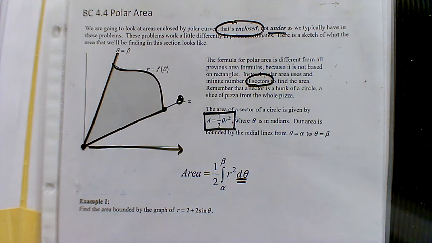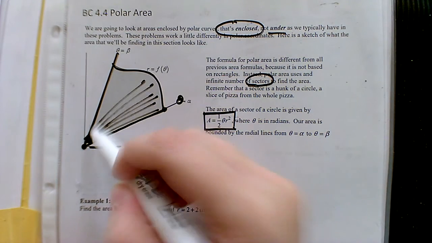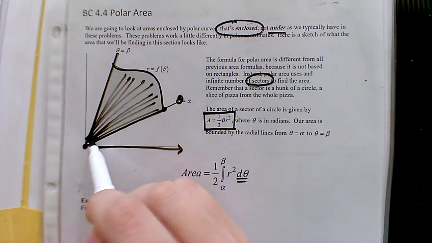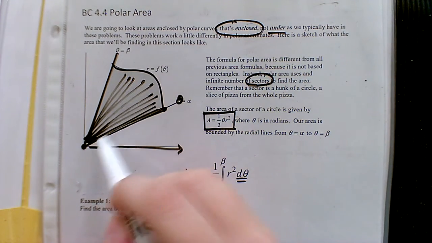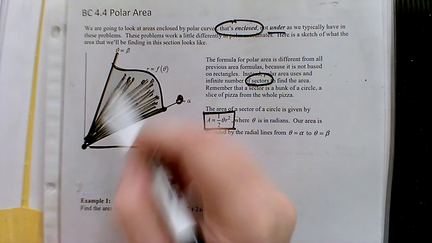Like we'll kind of slice it into very small sections and then add them all up. Remember last year we noticed how the more rectangles we used and the more trapezoids we used, the more accurate our approximation was? Okay, so what we're doing here is we're trying to figure out the smaller the angle of rotation we use all the way through, that would give us a more accurate overall area.